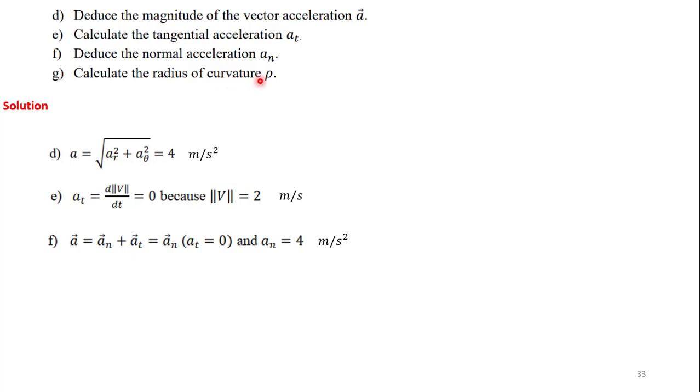Okay, this can be deduced from the previous question. In fact, An is equal to V squared over rho. So we can deduce rho equals V squared over An. We know V, we know An, and finally we will find rho equals 1 meter.